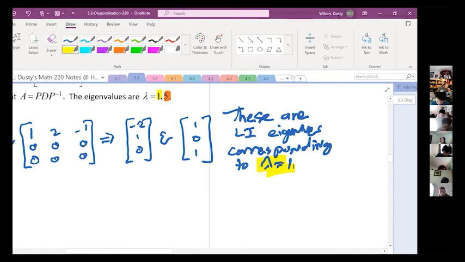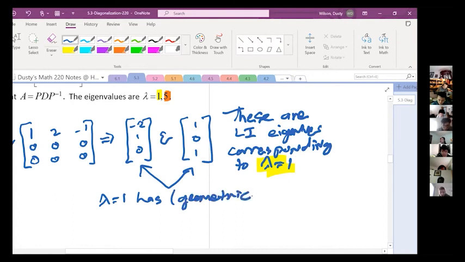And notice, since they're linearly independent, we would say that lambda equals 1 has geometric multiplicity 2.